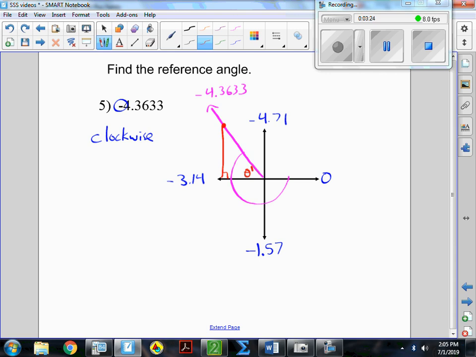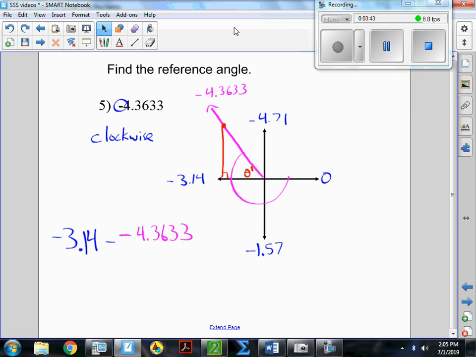So 4.3633, and I have a 3.14. So if I do negative 3.14 minus a negative 4.3633, I can get that value.